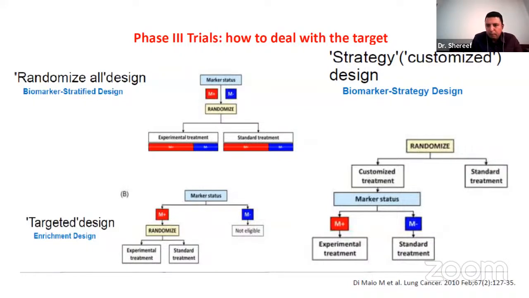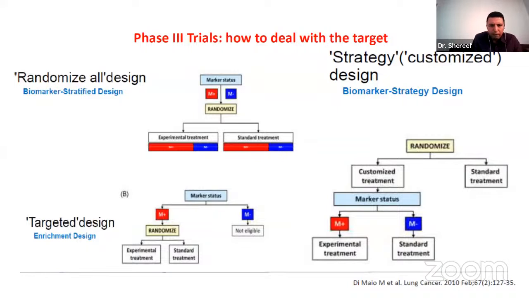Sometimes you can select for the biomarker upfront and exclude patients without the biomarker, so we'll go briefly across different designs of phase 3 clinical trials in the era of precision medicine using companion diagnostics or companion biomarkers.